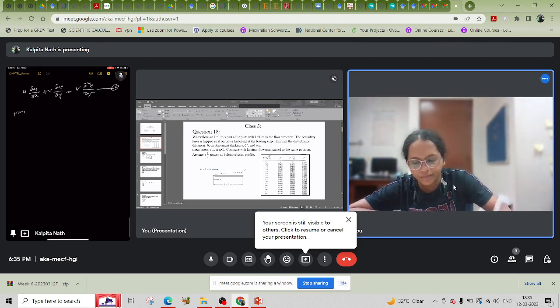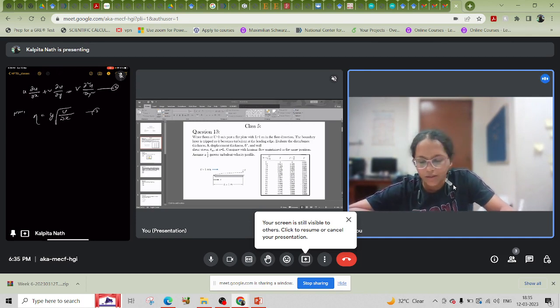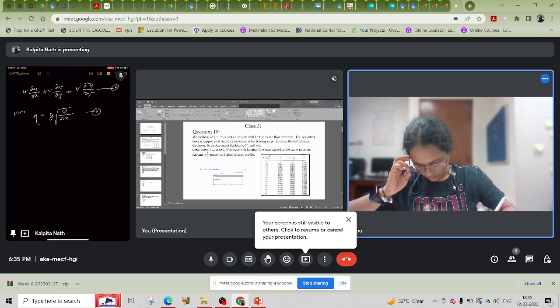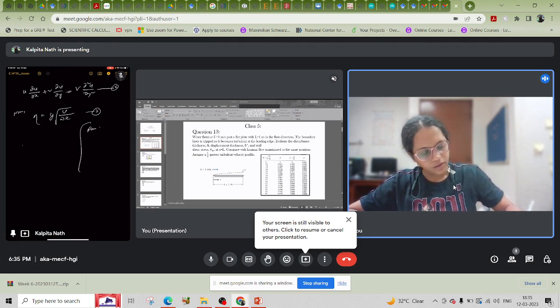Now eta is equal to y root over u by nu x. This is equation 3. For the Blasius equation, delta is directly proportional to root over nu x by u.